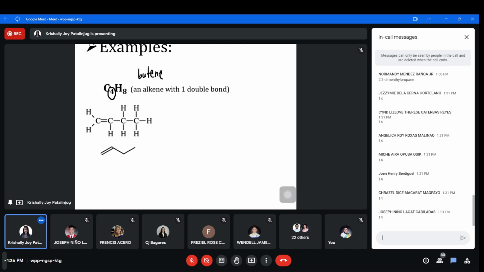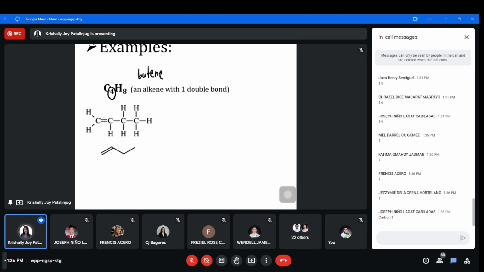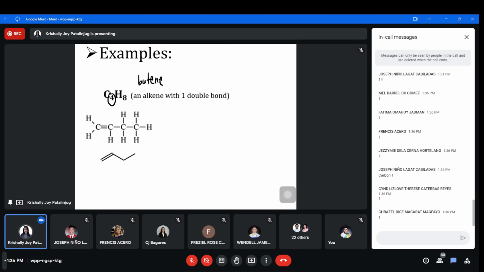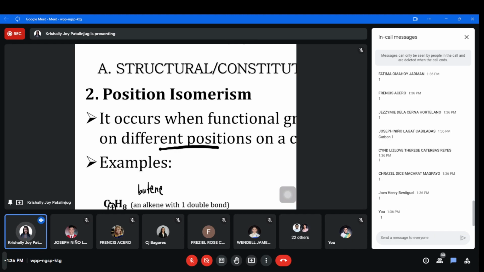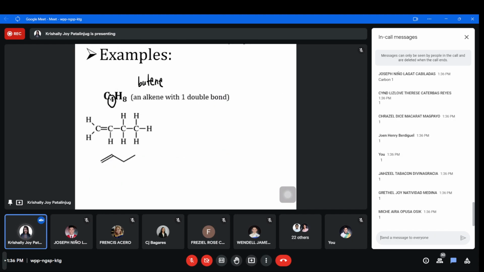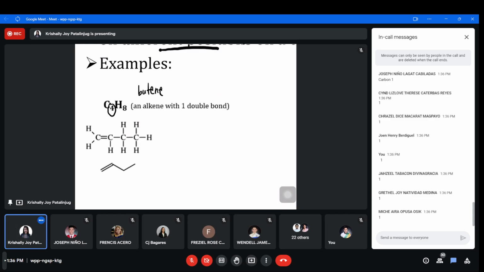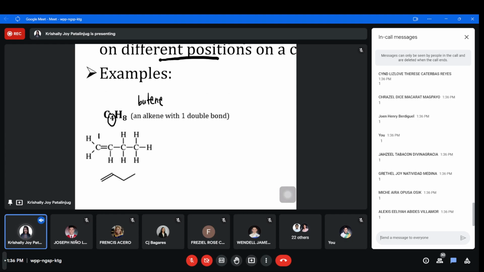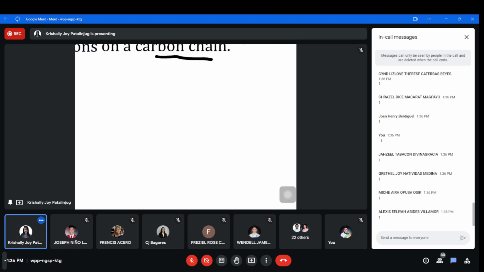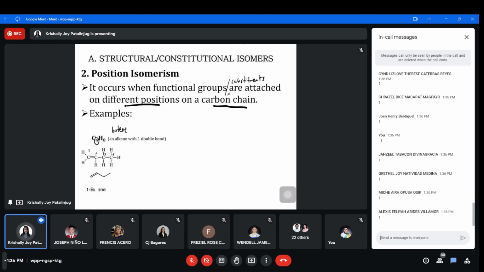Question, nasaan yung location or position ng double bond? You give me the number, okay? Number which indicates the position of the double bond. Okay, very good. Nasa carbon 1. Kasi 'di ba, kung saan mas malapit yung functional group, you start numbering there. So this would be carbon 1, 2, 3, and 4. So this is 1-butene.